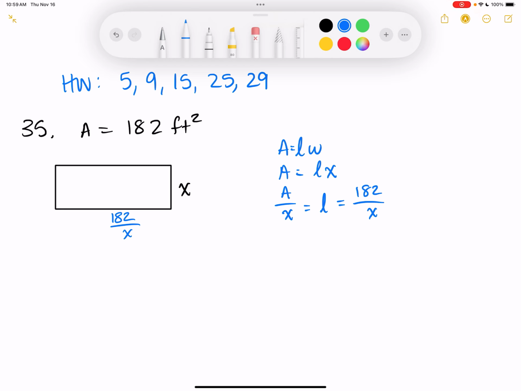Now, what do you know generically about the perimeter of a rectangle? 2 length plus 2 width. Yep. So the perimeter is equal to 2L plus 2W. Now, in this case, W is x and L is 182 over x. So I'm going to replace that.